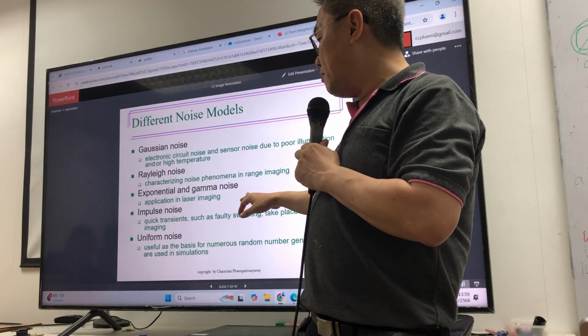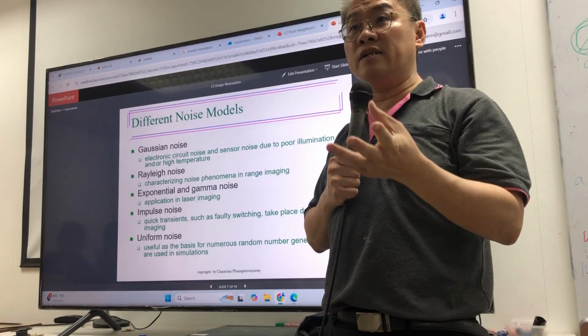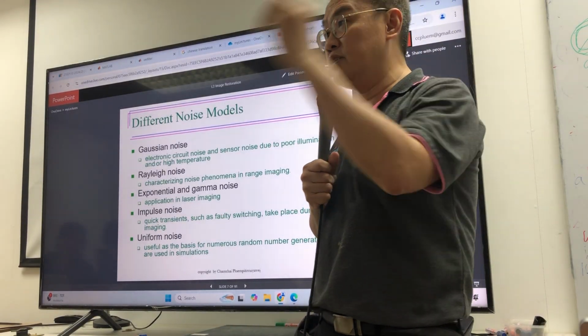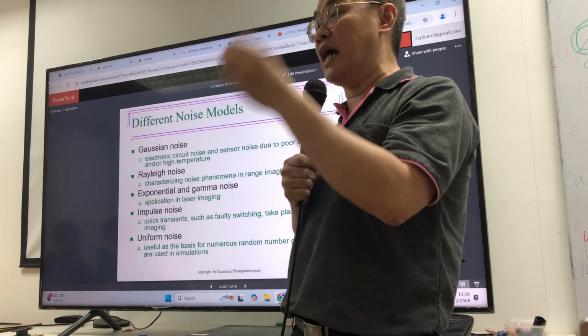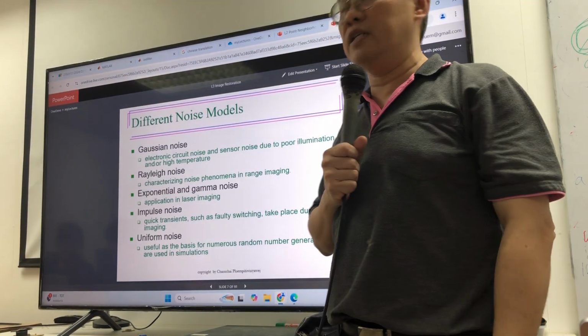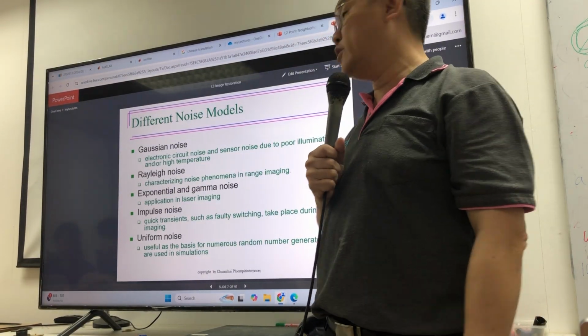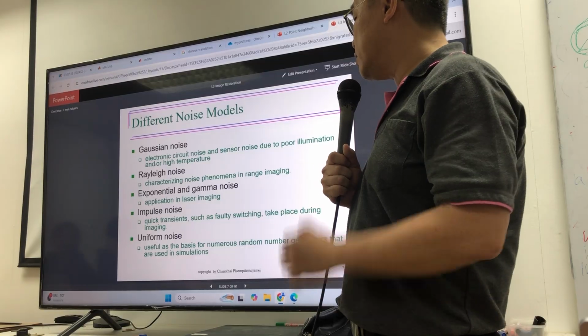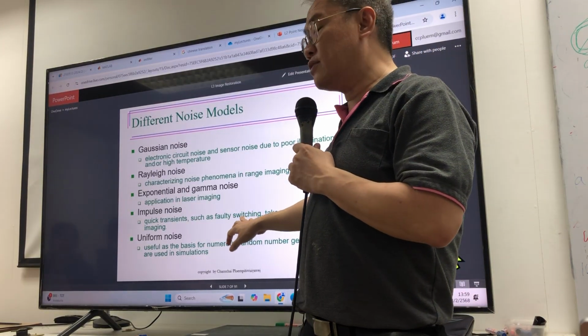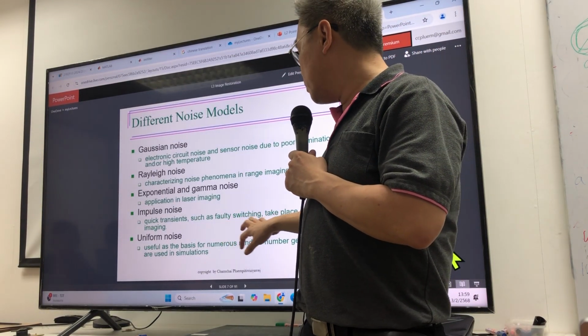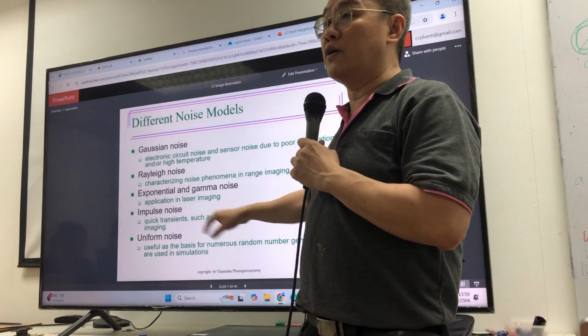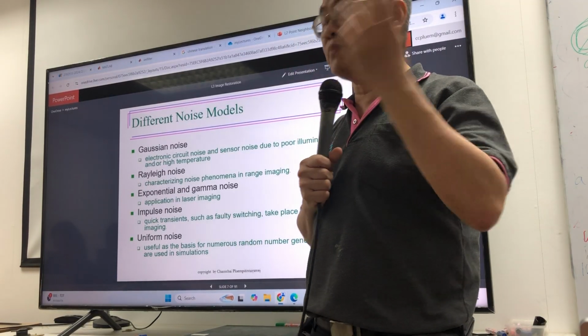Exponential noise or gamma noise usually happens in laser imaging, because the laser is really fast, and a lot of times it becomes exponential noise. Impulse noise usually happens with quick transients or faulty switching. Impulse noise is basically the salt and pepper noise.